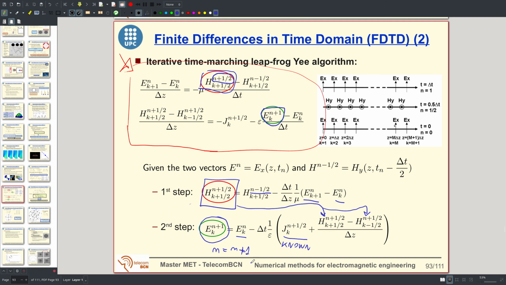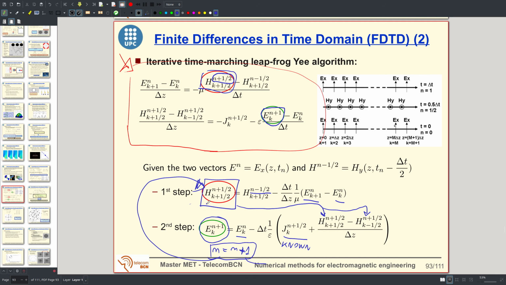We go back to the start and again compute the magnetic field at n plus 1/2 because n has been updated to the next time step, and the electric field at n plus 1. Then we again update n equal to n plus 1, etc.